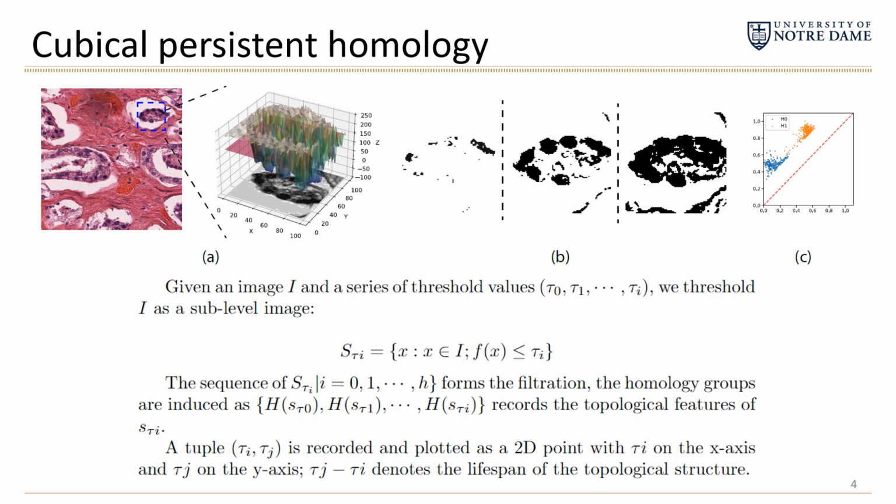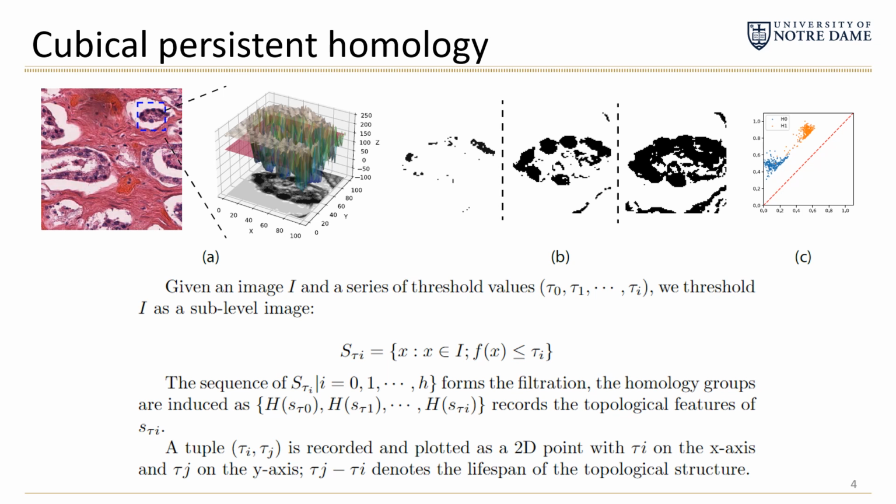The tool we used to extract the image topological features is cubical persistent homology. Given an input image I and a series of threshold values T0, T1, Ti, we threshold the image I as a sublevel image S_Ti, equal to the pixels whose intensity value is less than or equal to Ti, and the sequence of S_Ti forms the filtration.